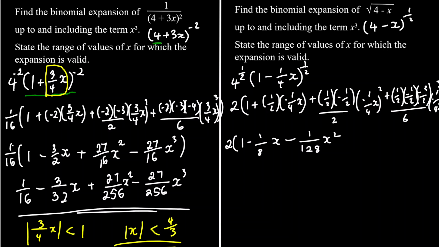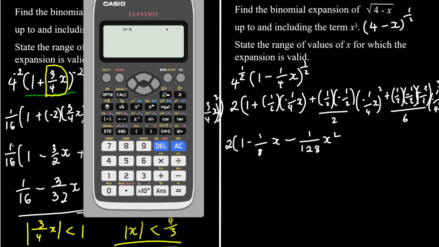And then we've got, I'll use the calculator, a half times minus a half, times minus 1.5 over 6, times minus a quarter to the power of 3.